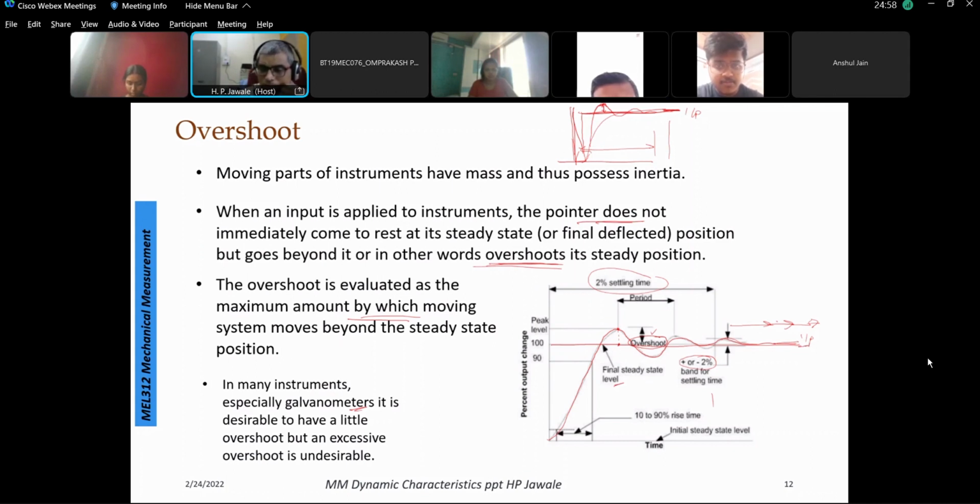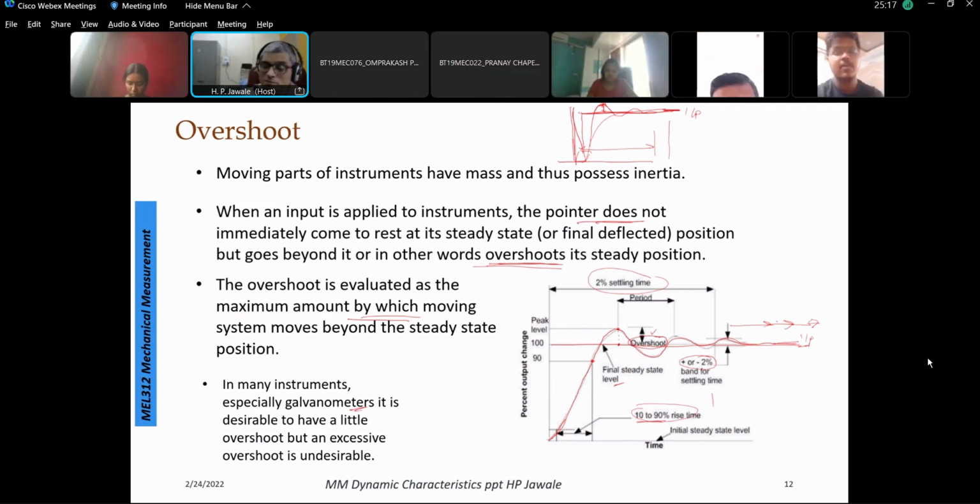Now there is some time taken to reach 10 to 90%, which is the rise time. For example, this is the output shown corresponding to 90% of the input value given. In that condition, we consider a zone representing 10 to 90% of the input being shown as the display on the instrument.